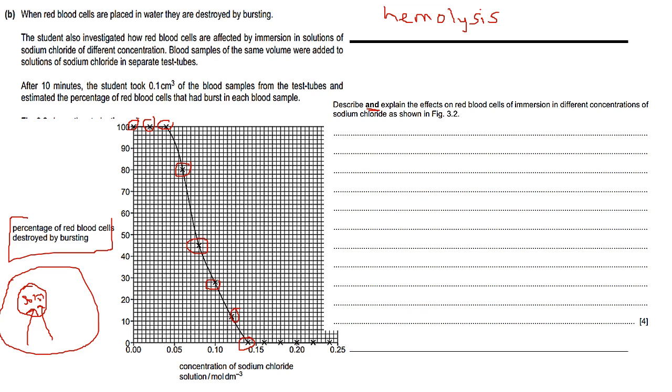Or you could also say that the water potential of the cell might be higher. All right, so it's possible that at this concentration of sodium chloride, the water potential of the cell is actually higher. So the cell is not bursting, rather it is losing water to the surrounding environment, which might mean that it's shrinking. So you don't have any clear explanations for that, but that is how you do describe and explain.